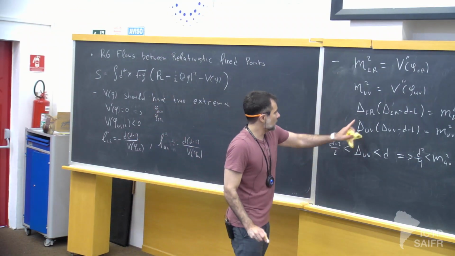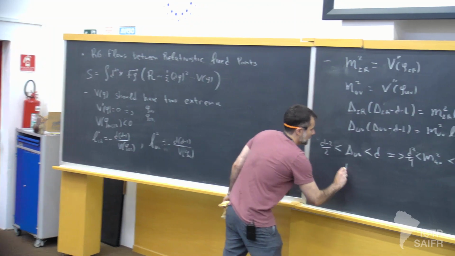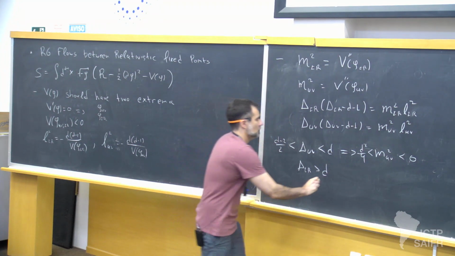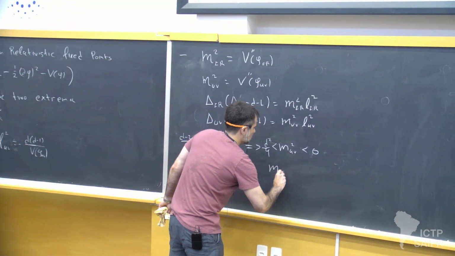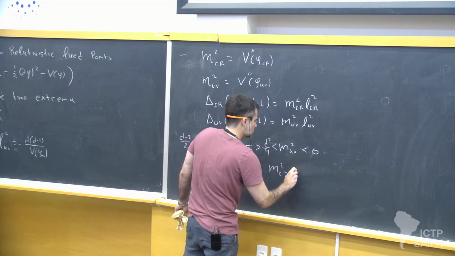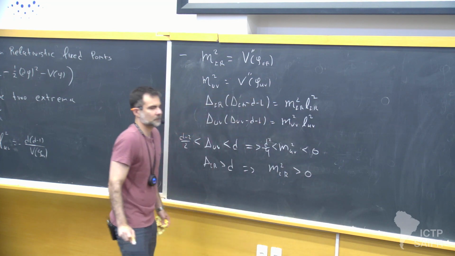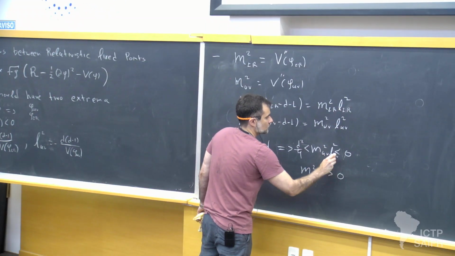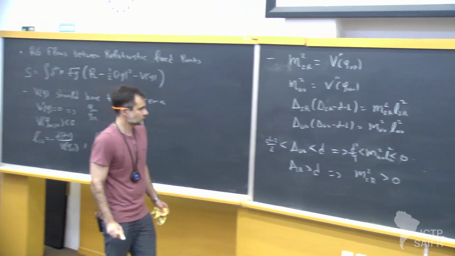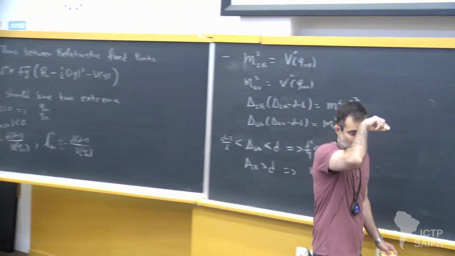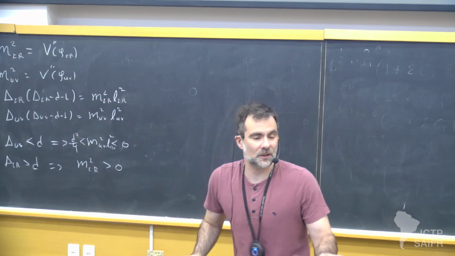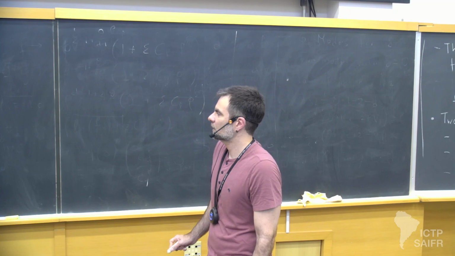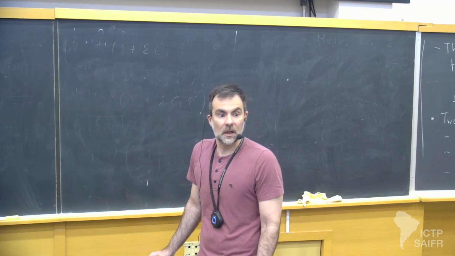Now, what makes the IR fixed point an IR fixed point is that delta IR should be greater than D, which is telling you that M IR squared should be a positive number. Exactly, yes.